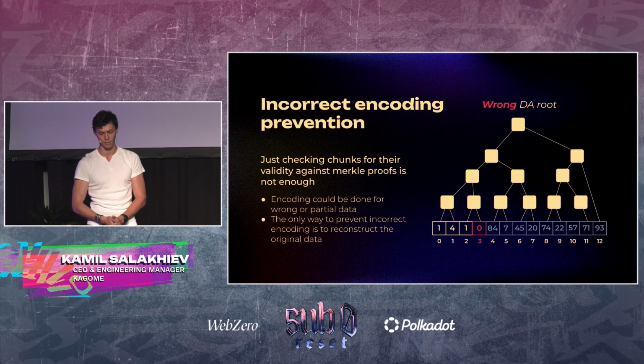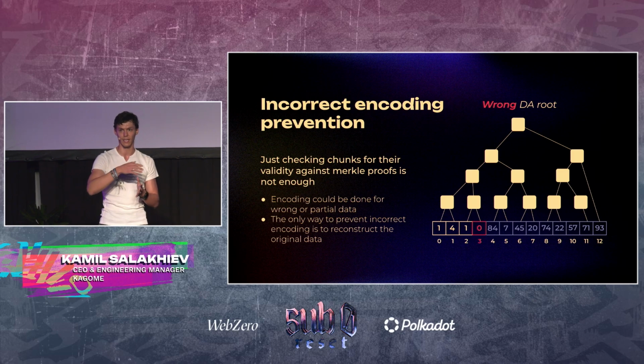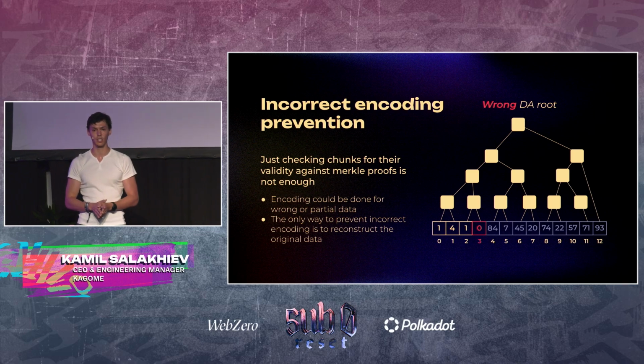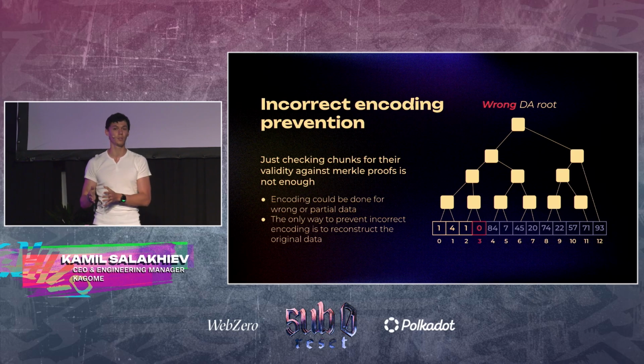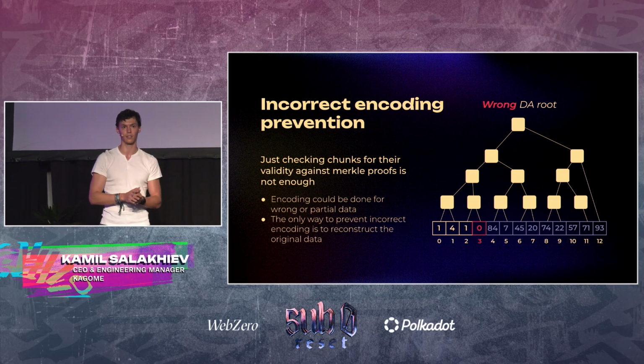Another thing that could go wrong is that the backing validator who was performing the erasure coding could be lazy and not really do erasure coding, just attach some random data to extend the original data and construct a wrong data availability root, or he could hide or corrupt the original data. And unfortunately, we have no other way to check that the data corresponds to the parachain but to recreate this data and reconstruct the Merkle tree.